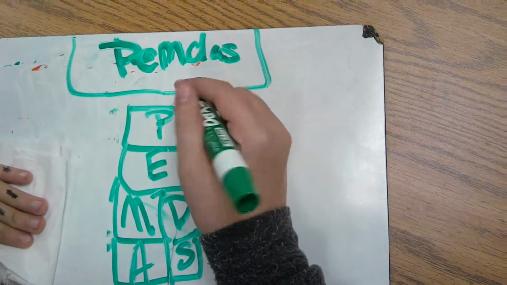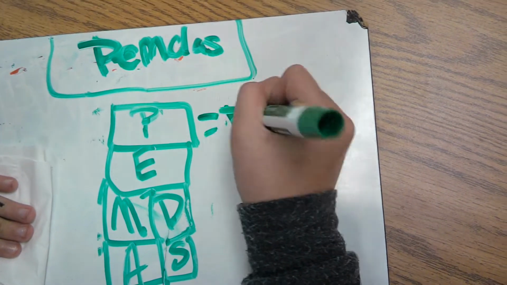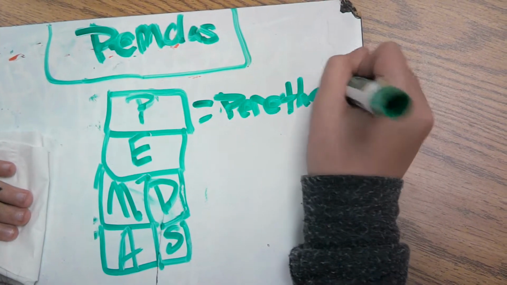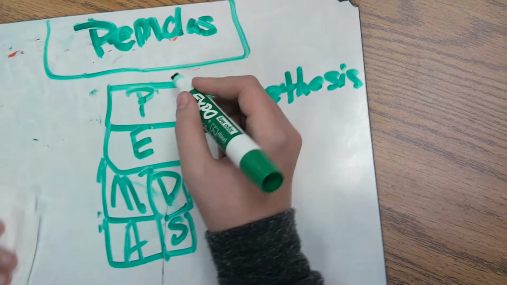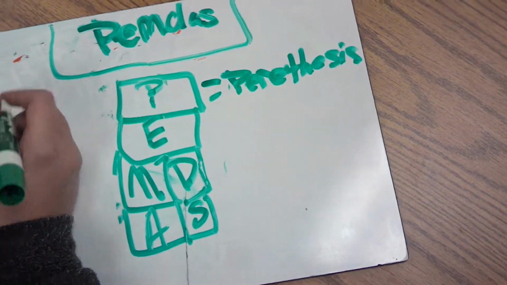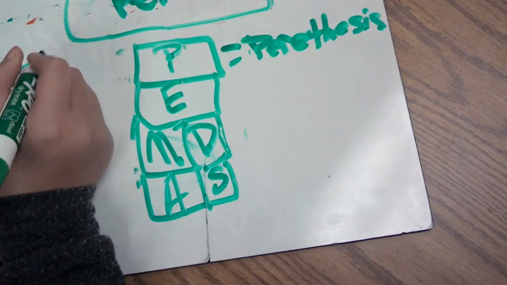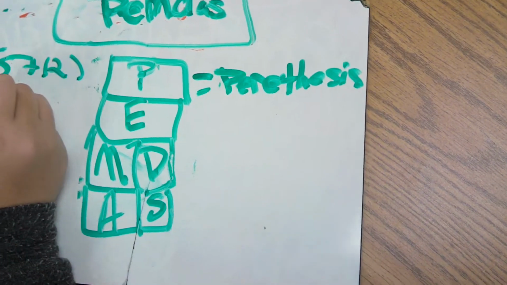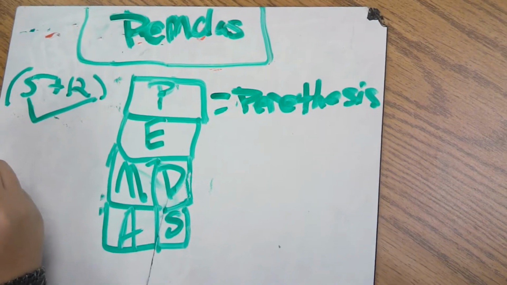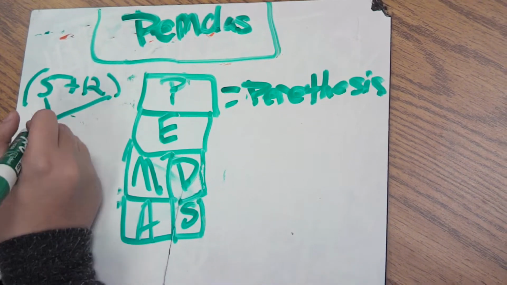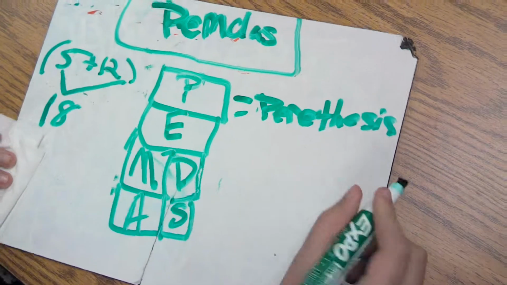And the P means parentheses. Which means that if you have an equation like 5 plus 12, you would do that equation first, which will give us, I think, 18.